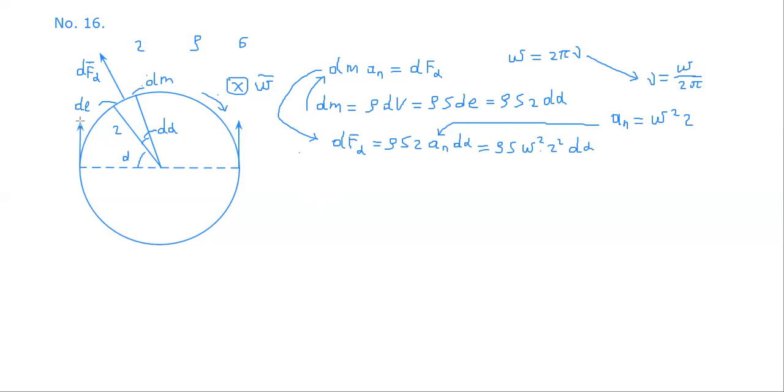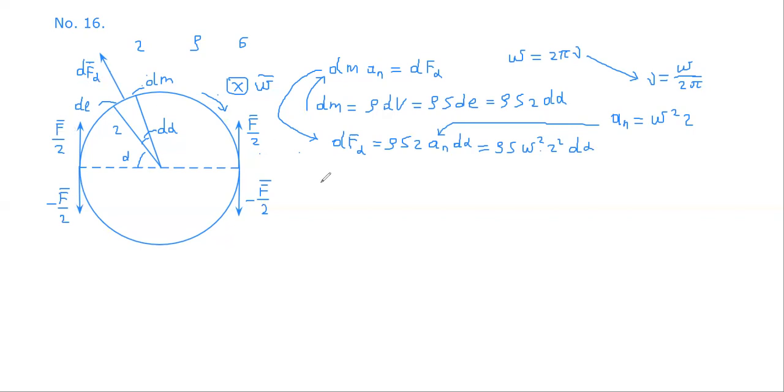Here we have F divided by 2, minus F divided by 2, and here also minus F divided by 2 and F divided by 2. And we have to find F from df alpha.